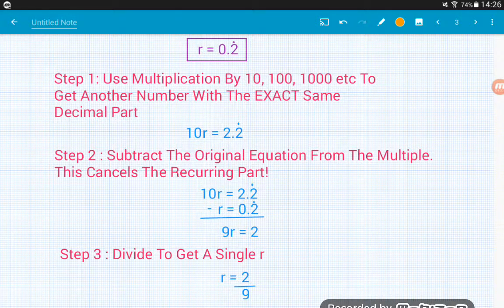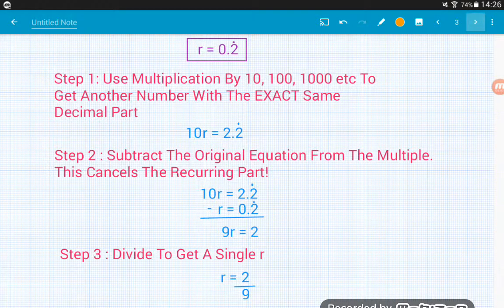We've now completely got rid of the recurring part of our number. All that's left is to divide by the 9 to get a single R, and that tells us R equals 2/9. Remember, we started off with R equals 0.2 recurring. We've now got R equals 2/9. That tells us 0.2 recurring is equal to 2/9.